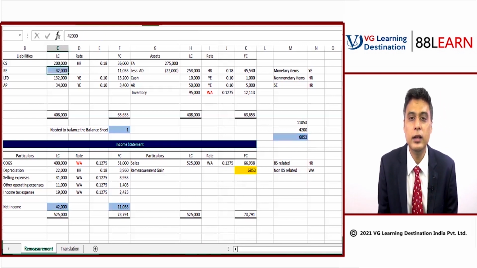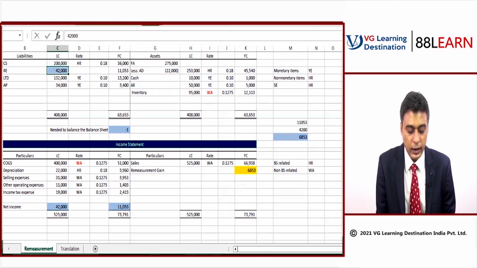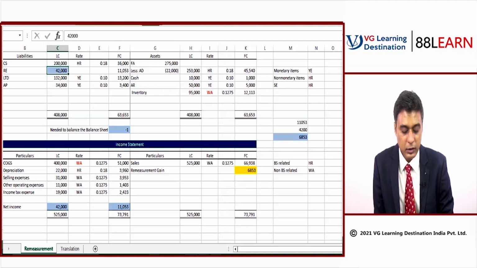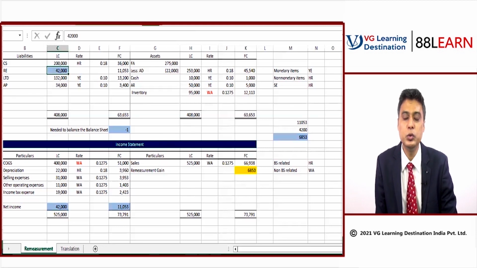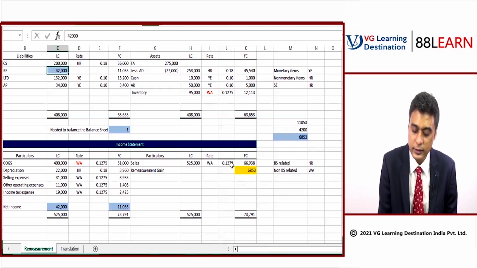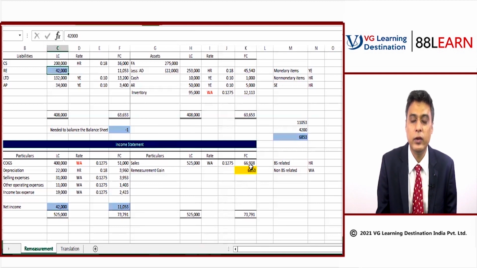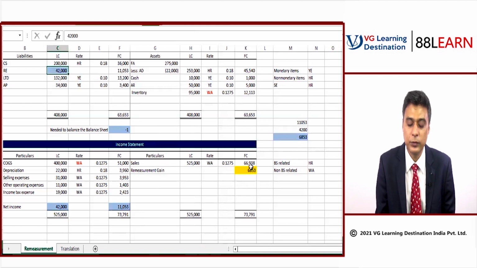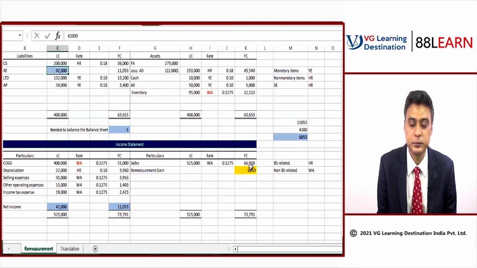When we converted this entire income statement, this 42,000 local currency net income got converted to 4,200 functional currency net income. But we needed not 4,200, we needed 11,053. Therefore, we added another 6,853 by way of booking remeasurement gain, and then our balance sheet tallied.